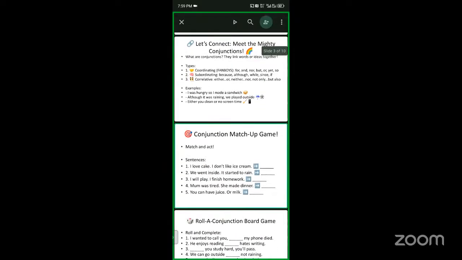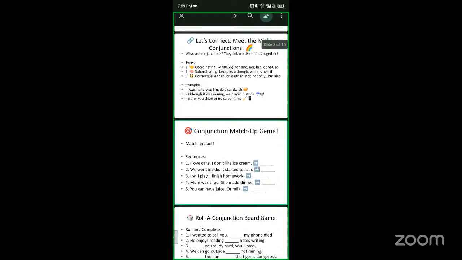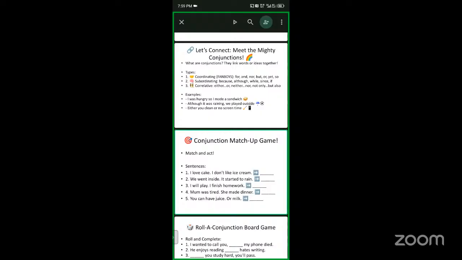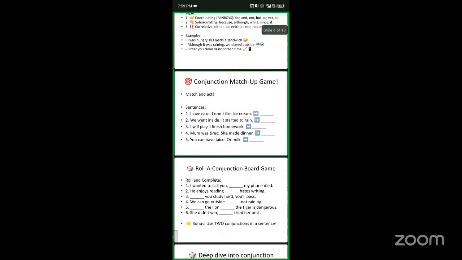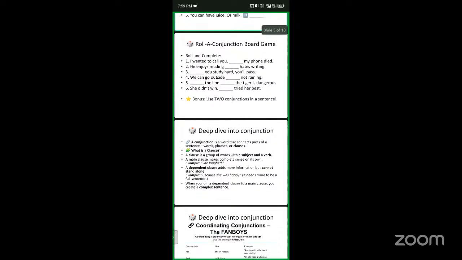I think you can try the last option in correlative. Wait, not only, but also. I've been using it in a sentence. All right, try. Scroll down. I want to see the sentence now. Okay?